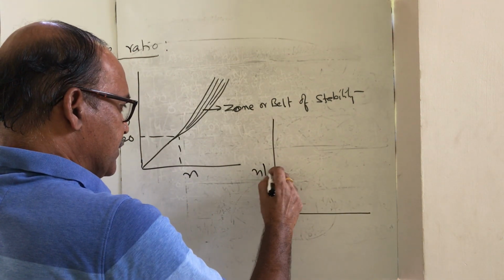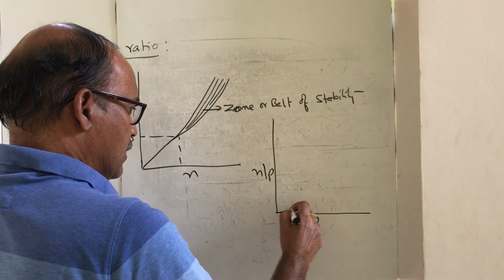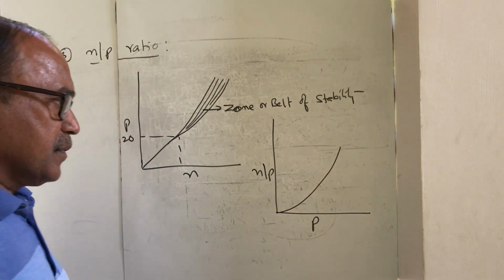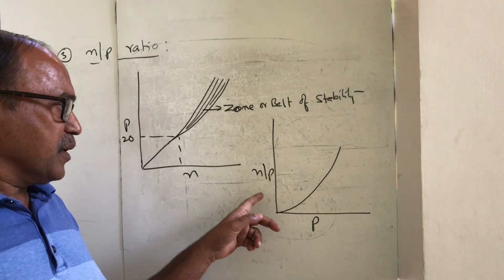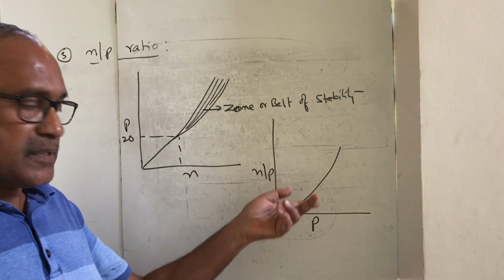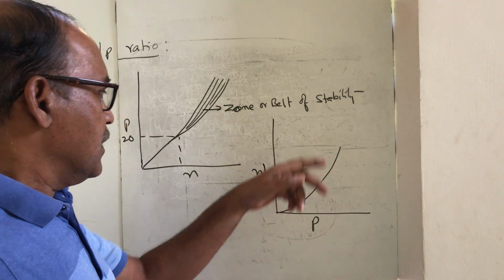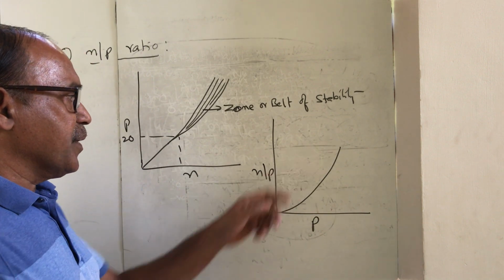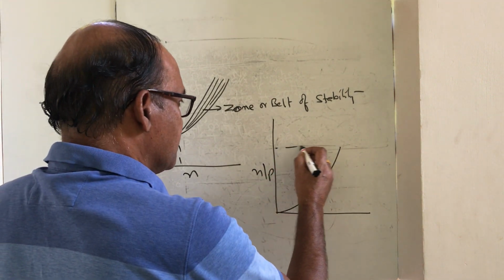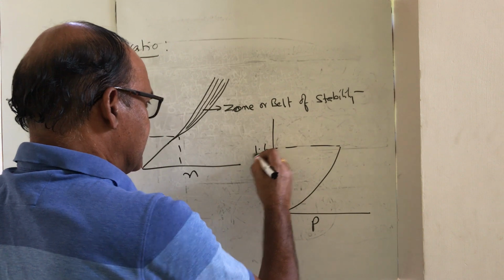Plotting N by P versus P, it clearly indicates that as the proton number increases, meaning the atomic number increases, the N by P ratio goes on increasing. This will go up to a level of 1.6.